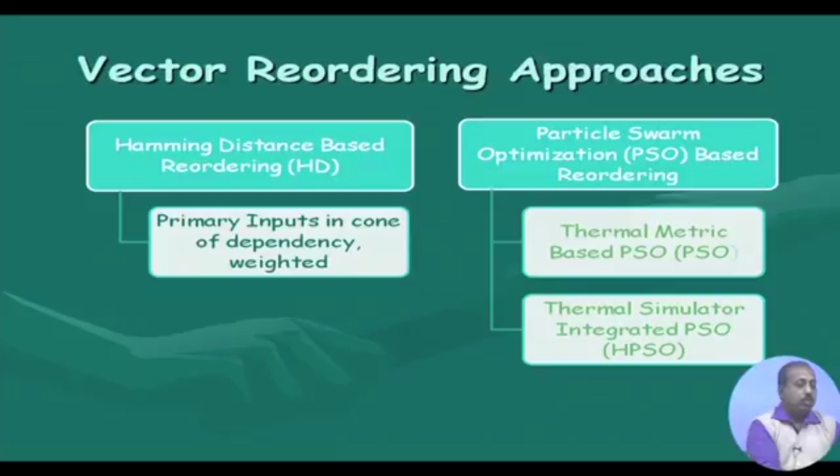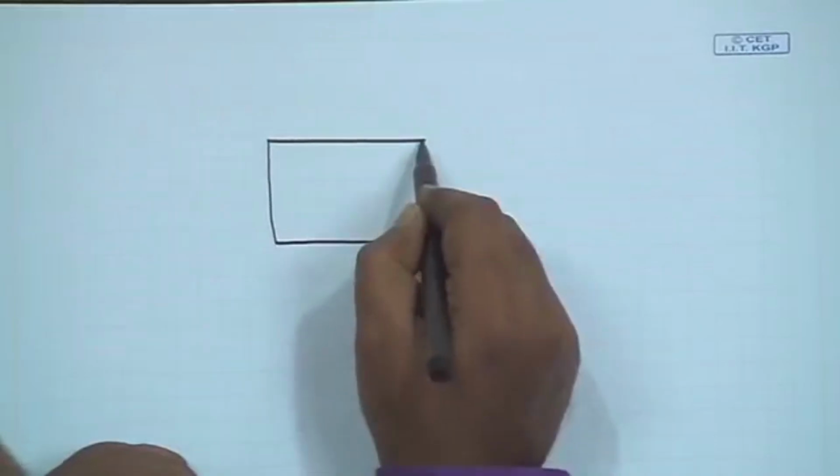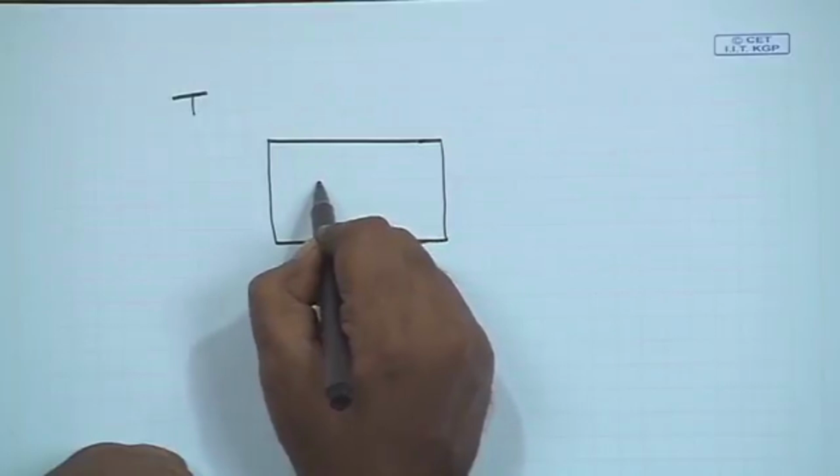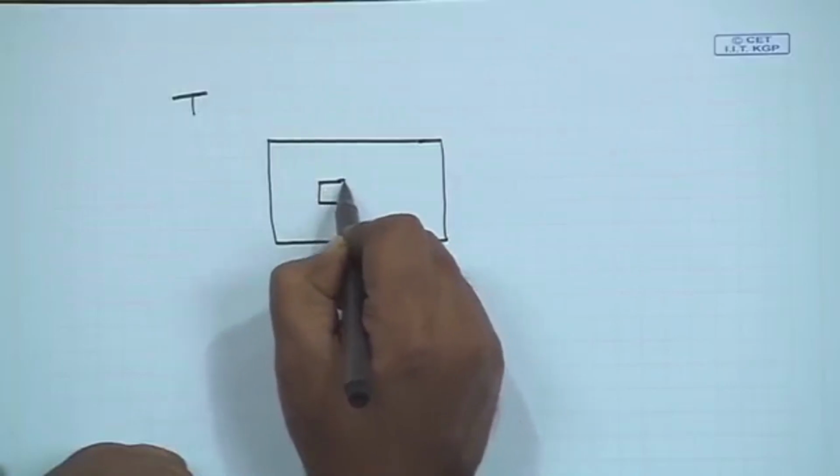In the Hamming distance based approach, we find the primary inputs in the cone of dependency, and the weighted part of it. If this is my circuit, for a given test pattern set T we may find that this is the block which is becoming very hot.